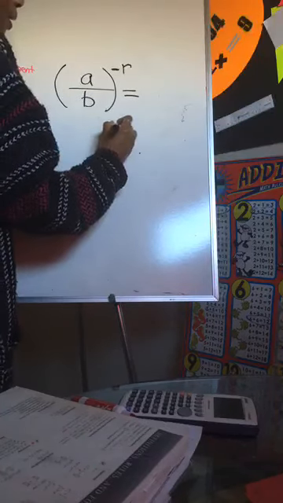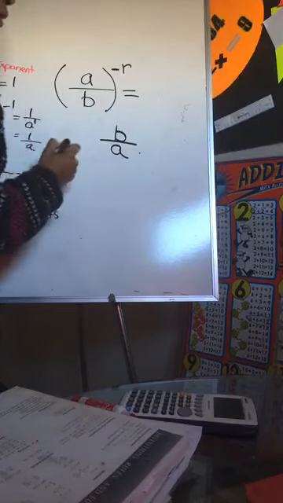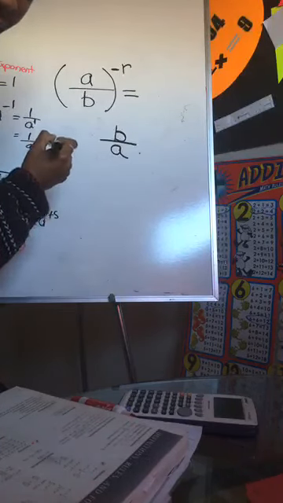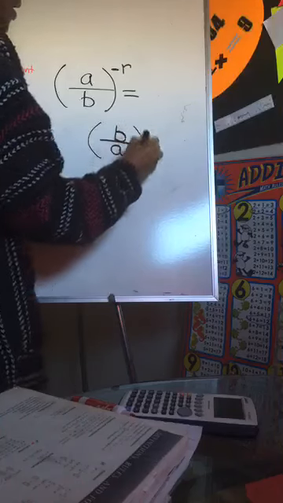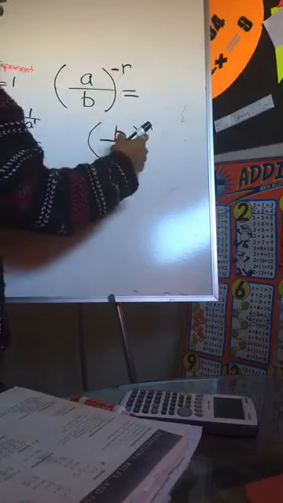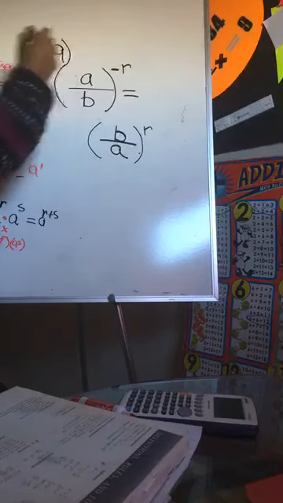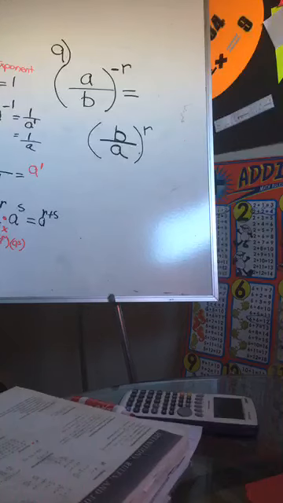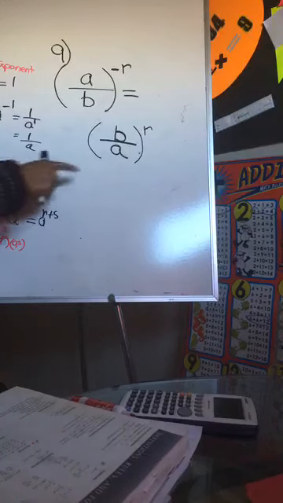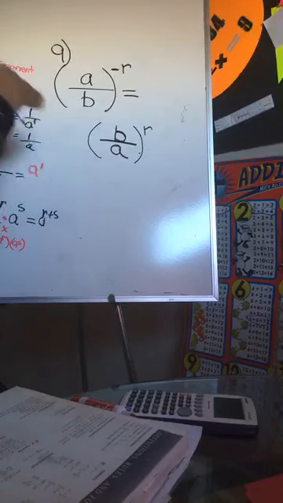So that would be B now is in your numerator, A is in your denominator. Okay? And we're going to raise it to the R power. So the negative R went to a positive R. This is our 9th exponent rule. Okay? So let me put an example here, and we will be finished with our exponent rules.